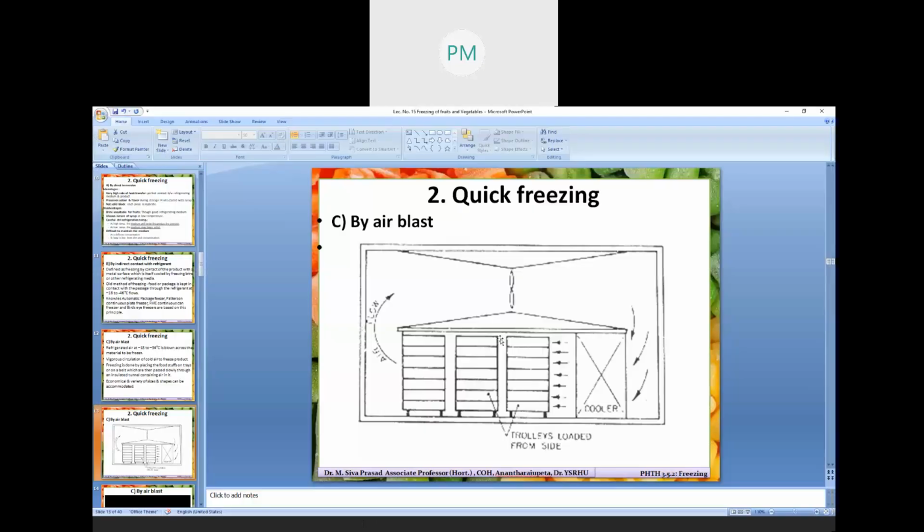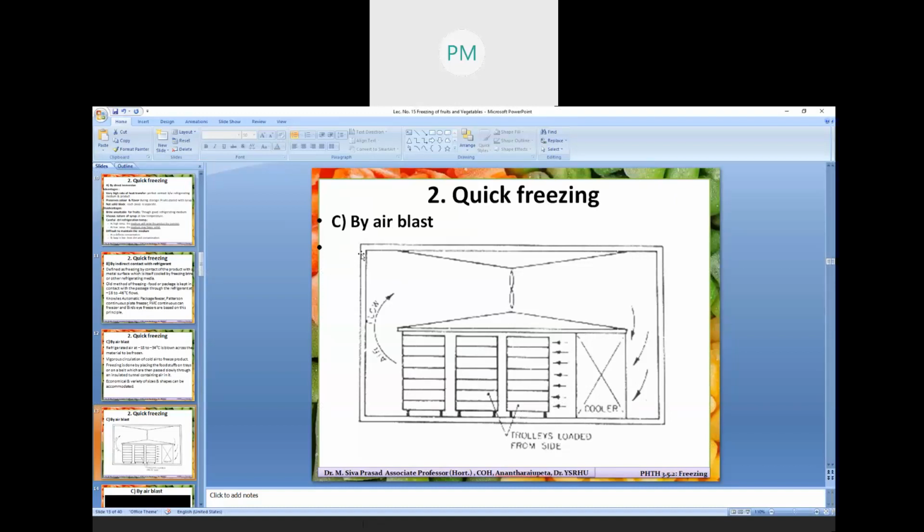So these are the food packets. Here it's shown as prawns. So the prawns are being air blast frozen. These are the trays. This is an air blast freezer. These are placed into the air blast freezer and they get frozen, right? So this is how a foodstuff is frozen by using air blast freezing.